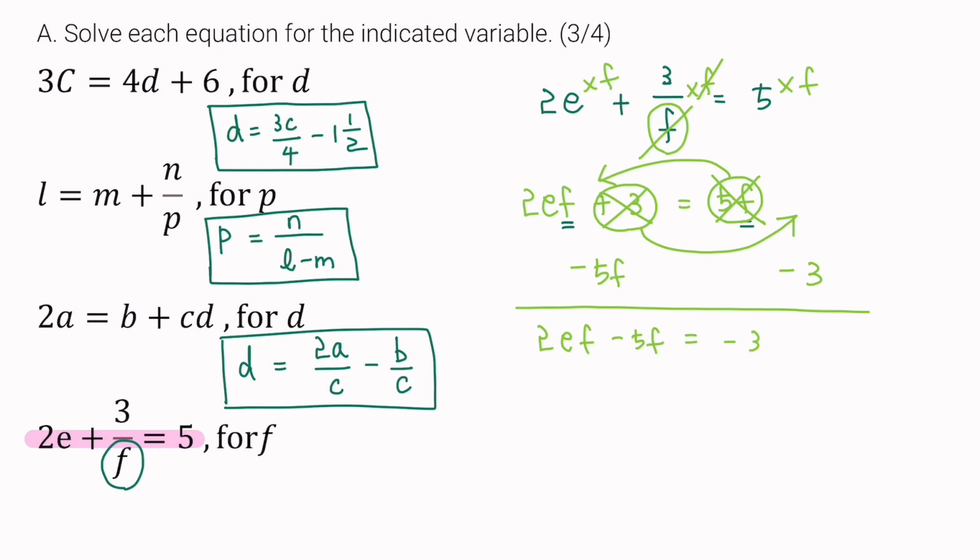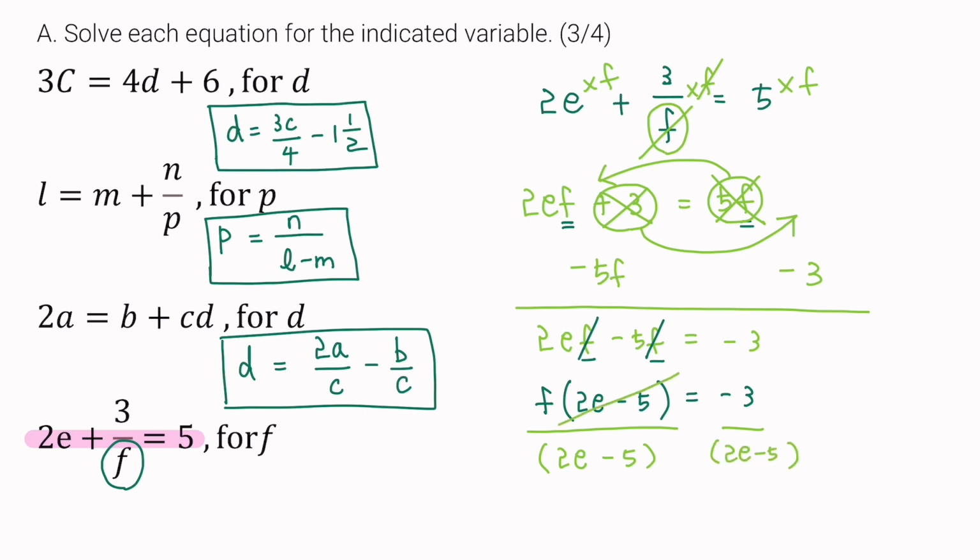Okay. And then, since we are solving for the variable f, I am going to factor out f and write down whatever is left, which is 2e and negative 5. And that's equal to negative 3. Now I am going to send, no, I am going to get rid of this parenthesis expression by dividing all variables with that parenthesis expression.